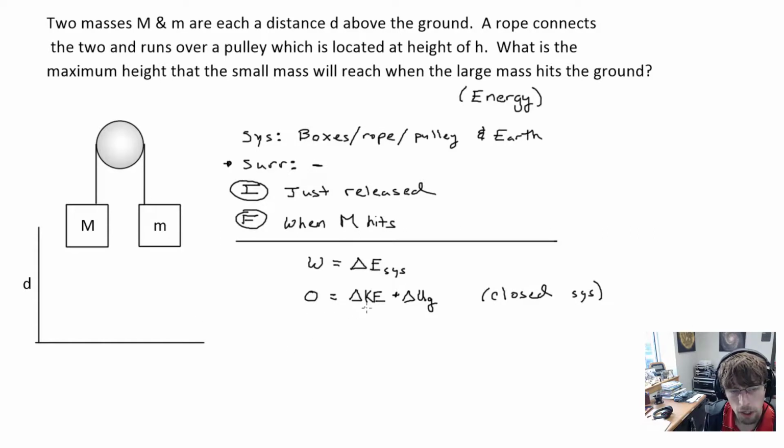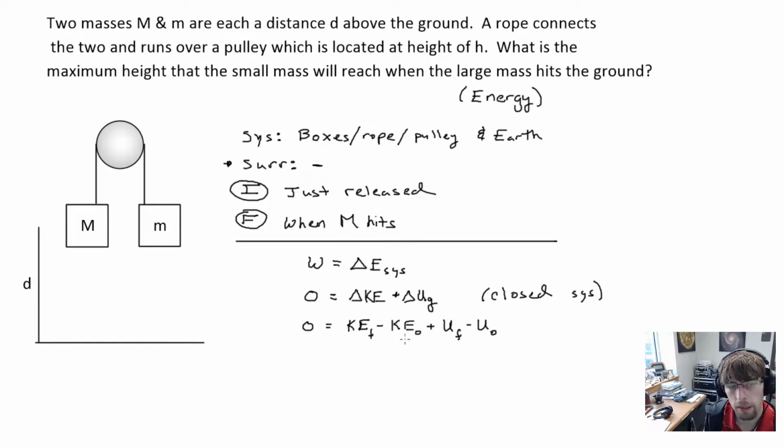Okay. Well, I'll take advantage of the delta. The delta means final minus initial, so let's go ahead and write that in. We'll say 0 equals the final kinetic energy minus the initial kinetic energy. It's always good to write this out every once in a while just to remind yourself. Final minus initial, for the potential energy too. Okay.